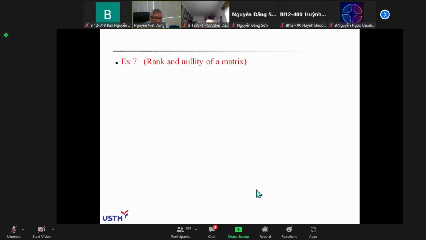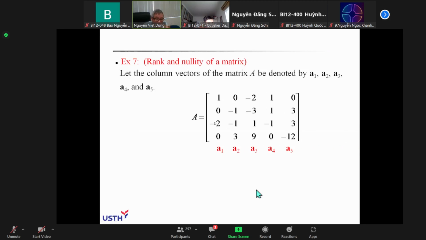Now here are some examples. You can use the relation between the rank and the nullity of a matrix. Suppose that we are given a matrix A like that, and we denote the five columns of A by A1, A2, A3, A4, and A5. You have several tasks.